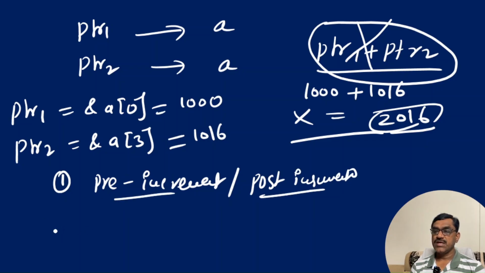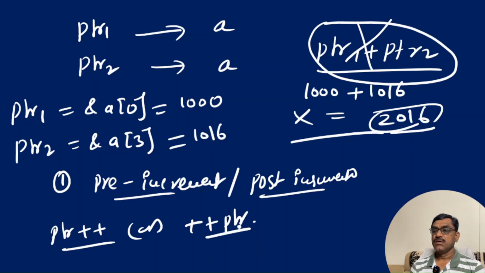That means we can say ptr plus plus, or plus plus ptr. These are valid. But on the array name A, the plus plus operation is not performed, whether pre-increment or post-increment, and pre-decrement and post-decrement. Those operations cannot be performed on the array name. But if you use a pointer like ptr, then we can perform incrementation and decrementation.